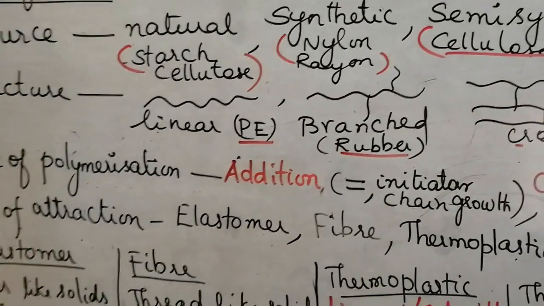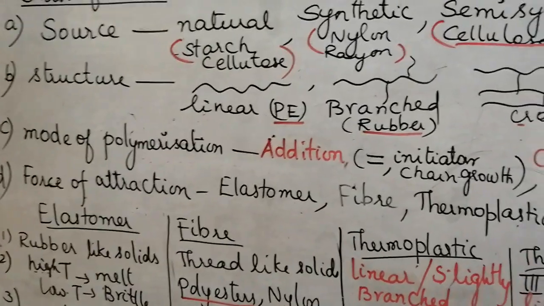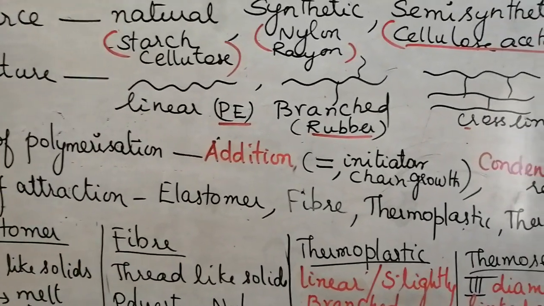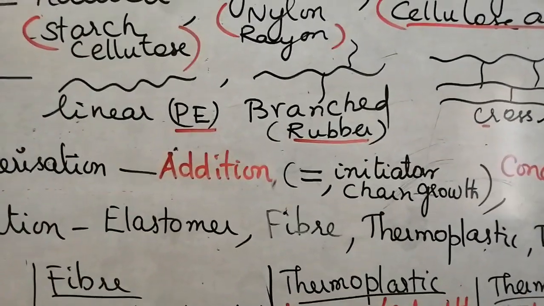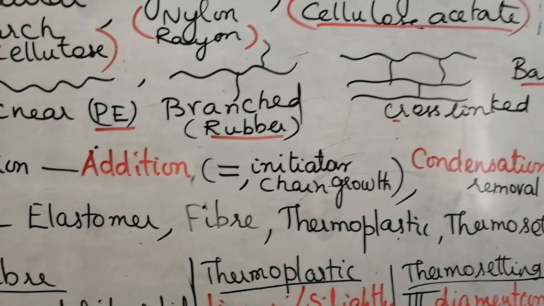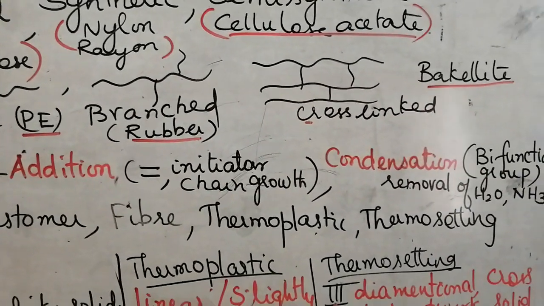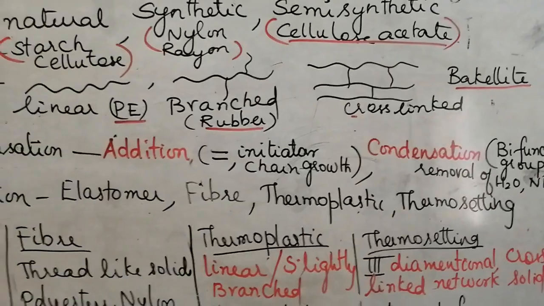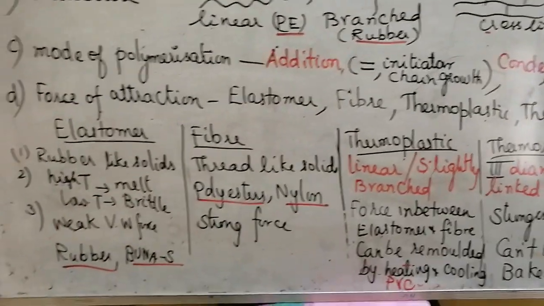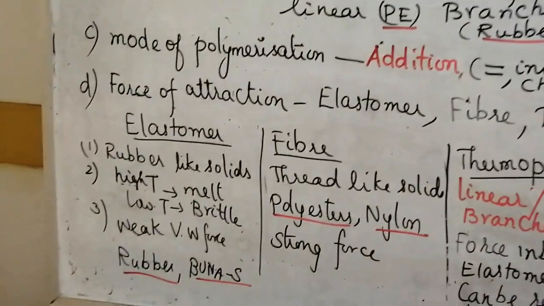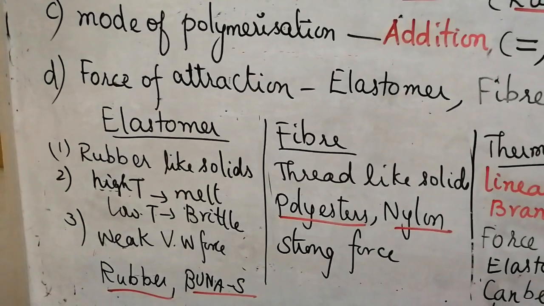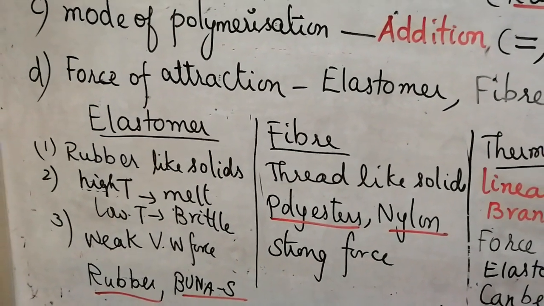Then we are going to see, on the basis of force of attraction, we can classify them into four categories: elastomers, fibers, thermoplastics and thermosetting plastics. Let us see in detail what they are. All of you might have seen the rubber material.